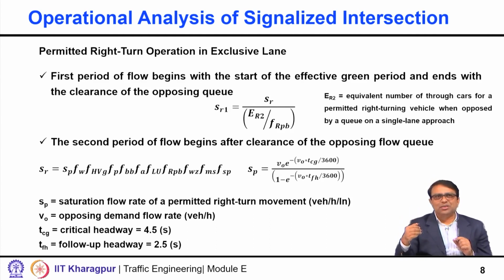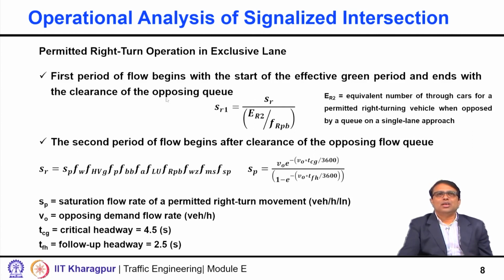Subsequent period of green means when the flow is happening after clearance of the opposing vehicle queue. All the vehicles that were queued up are cleared in the first period of the effective green, and then in the later period of effective green there is no queue from the opposing vehicles. So the discharge will be different.